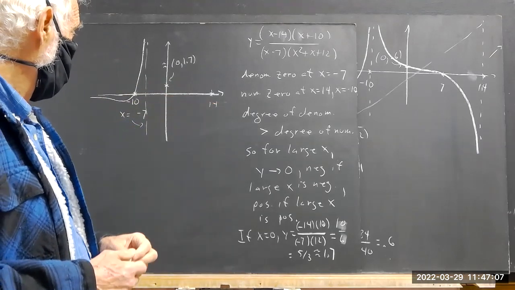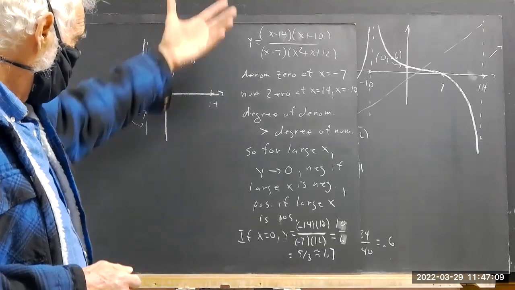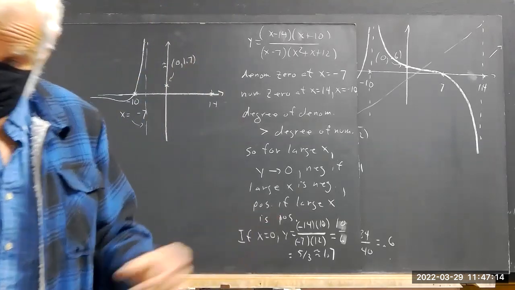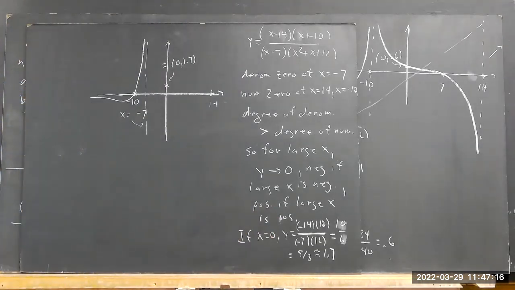Come through here. Then it's got to come above the axis. I'm just going to leave that the way it is, unless somebody's got a suggestion. I'm apparently missing something.